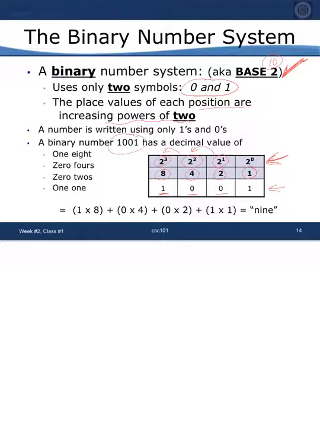So if I try to consider this number in binary, 1001, and translate this to our world, I would say, well, this 1 is worth 8. This 0, which is none, I don't have any, but they'd be worth 4. This 0 is worth 2, which I don't have any of those either.